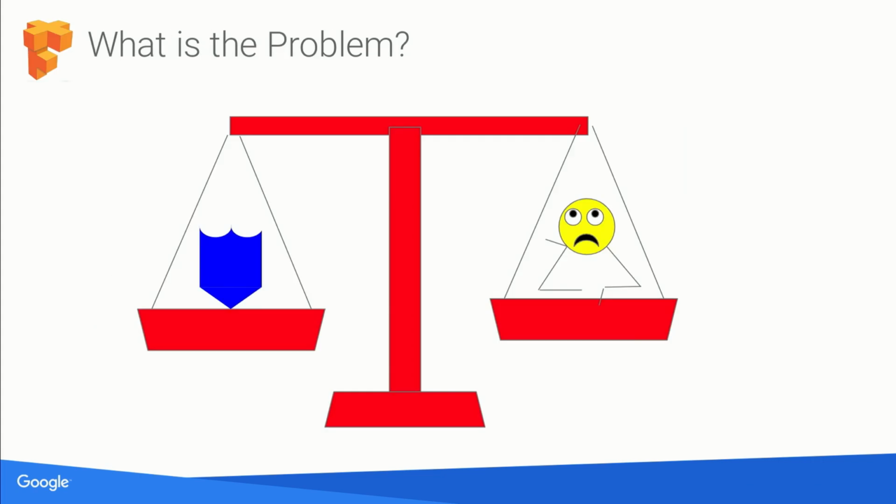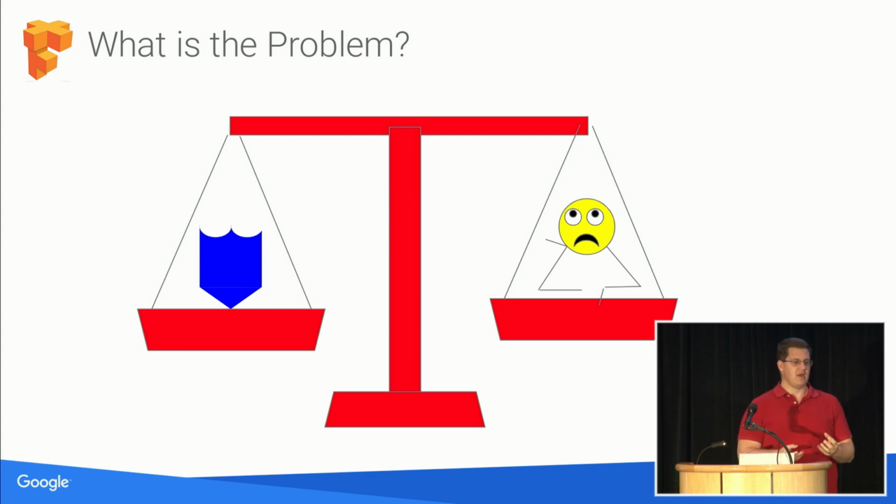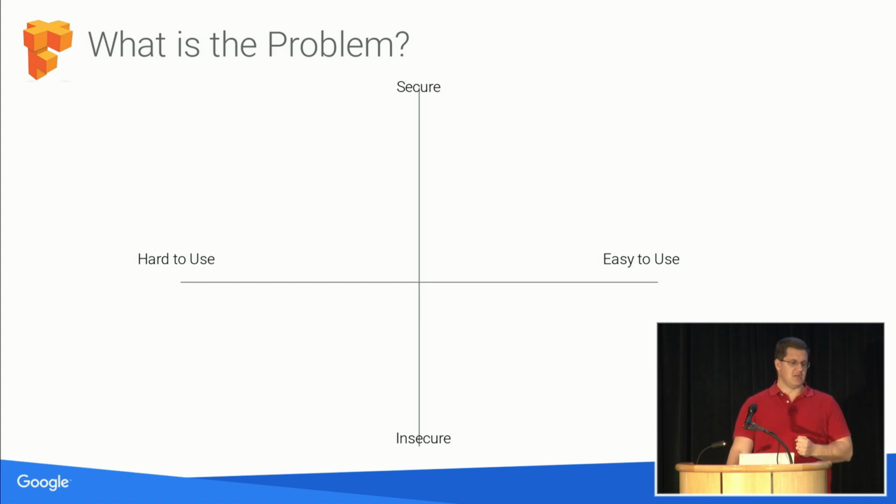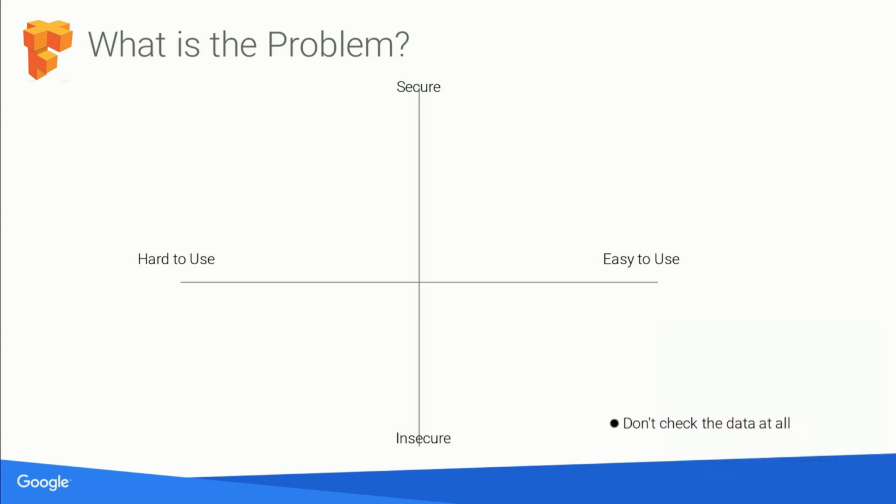So okay, let's just do it. What's the problem? Well, we're balancing the safety and security of the system with basically the intention of our users who would much rather be building models. One common case is that users, after building the system, after an initial check through the data to look at what they're going to do with it, don't look at it anymore ever again.